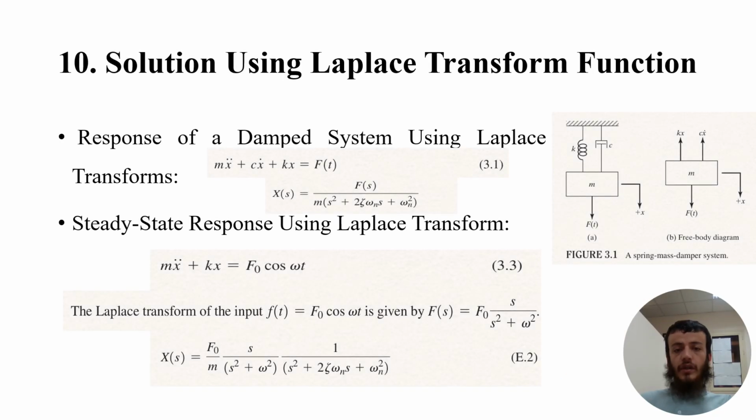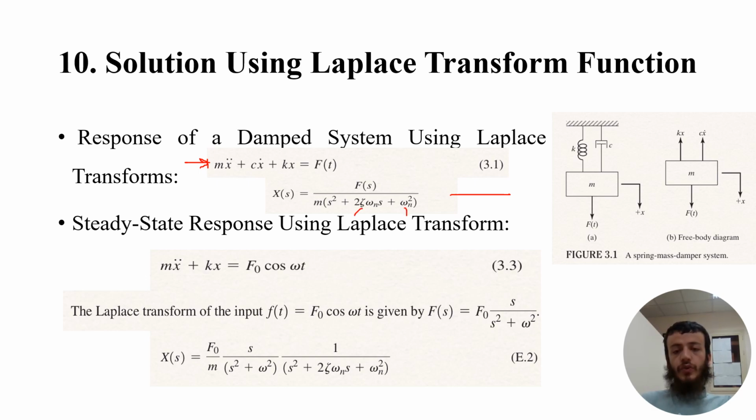Solution using the Laplace transfer function. Here, the response of a damped system. This shows the damped system Laplace transfer function. As previously, we can easily get this solution. How can we find this value?